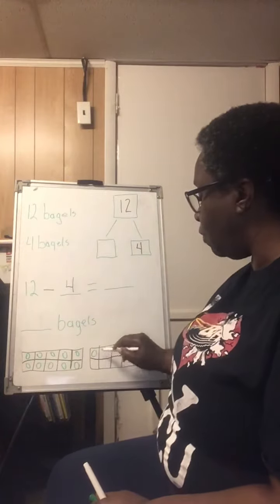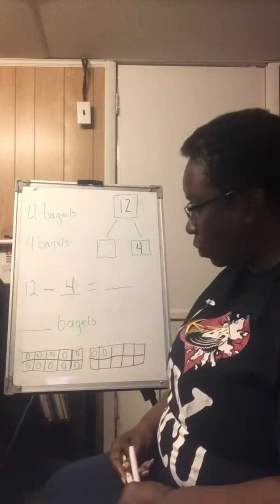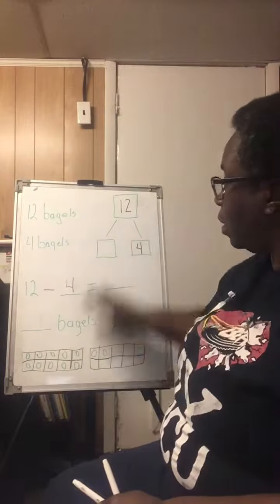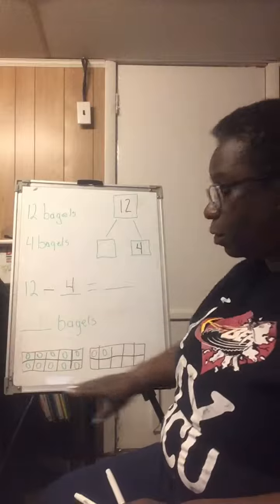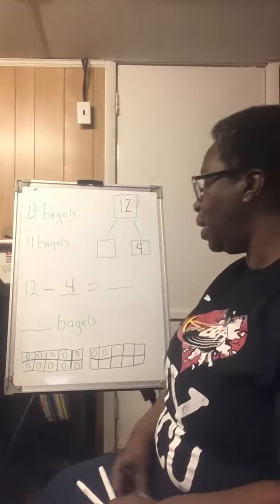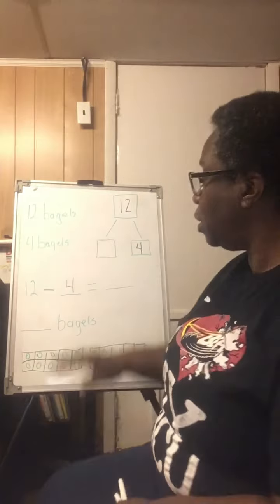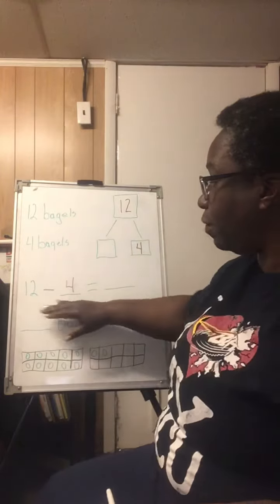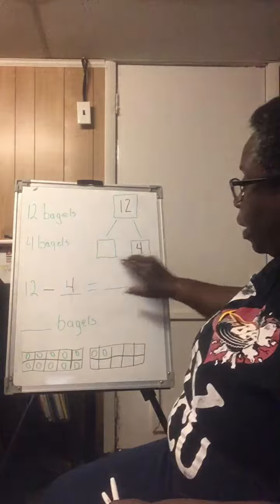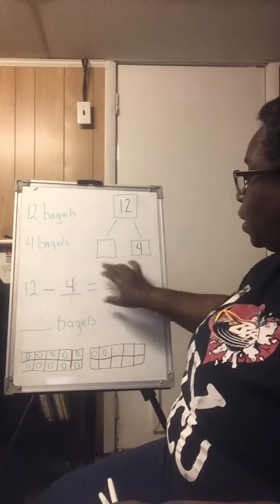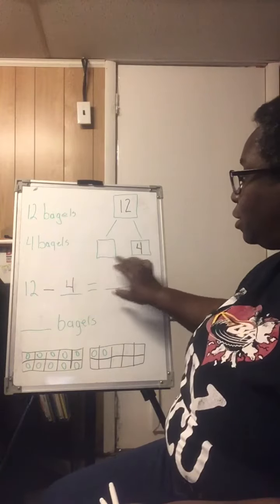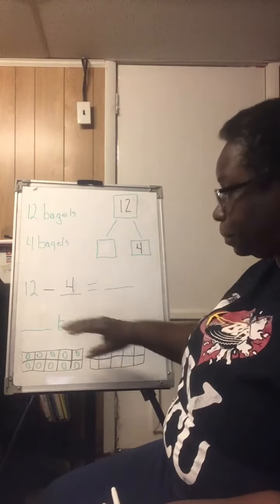And then we have 12. Okay? 12 bagels in all. Somebody ate all of our bagels except 4. So what we want to do is have 12 minus 4, and instead of adding, whatever you put in these two would equal this, okay?